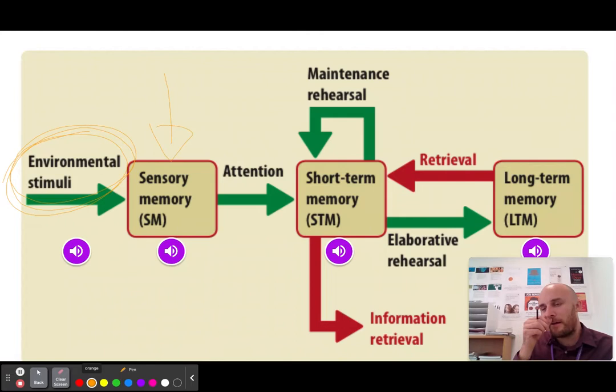Now, this holds all the information from your senses. Anything you are not paying attention to is being deleted immediately. Anything you are paying attention to is going into your short-term memory.